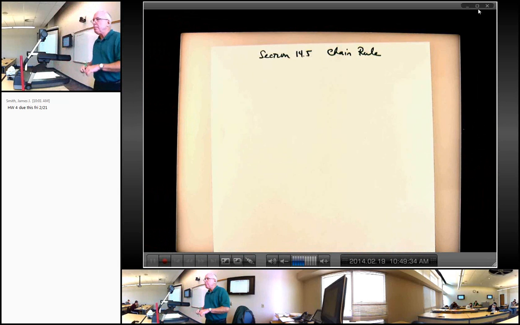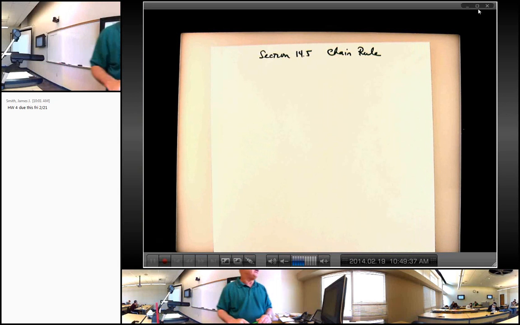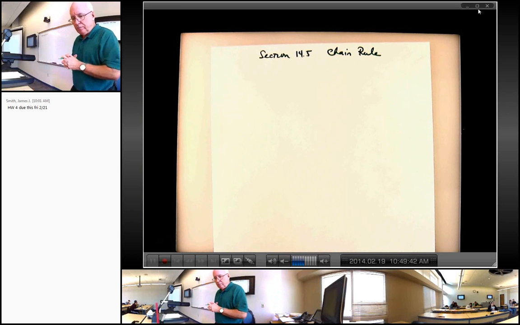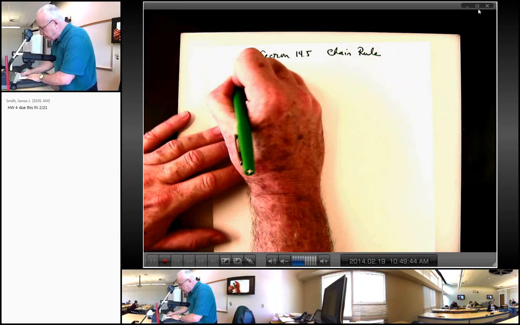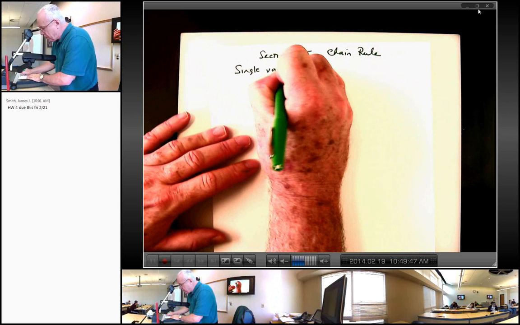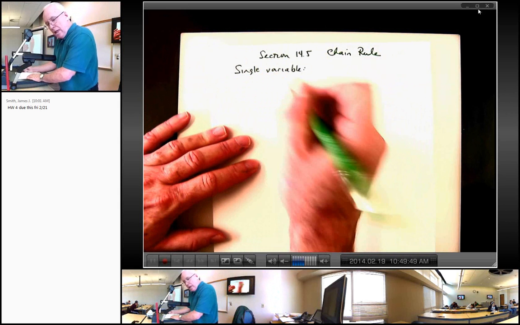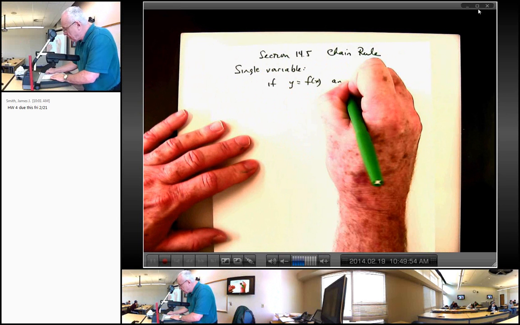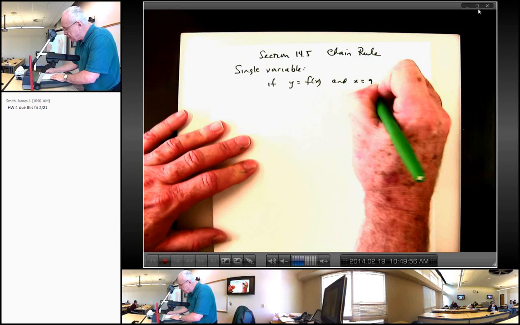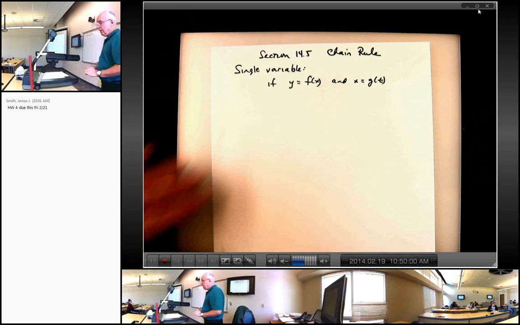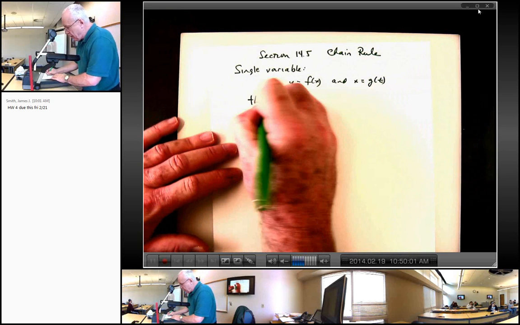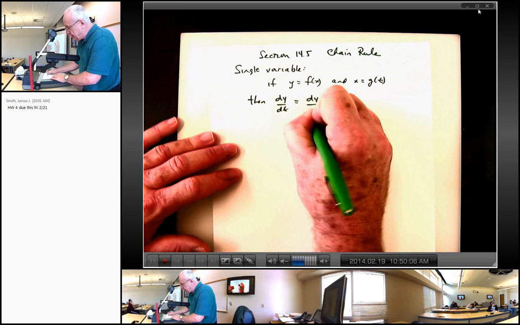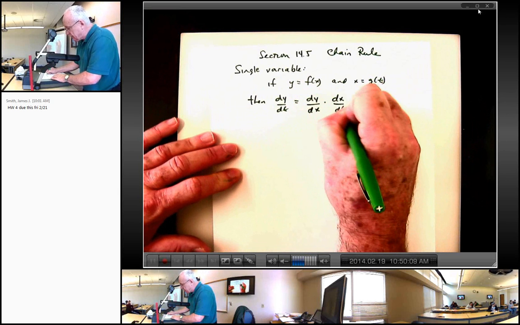We're going to look at basically three different kinds of instances in which we're going to be using the chain rule. Let's just recall from single variable calculus that if y is a function of x, and x in turn is a function, say, of t, then dy/dt is equal to dy/dx times dx/dt.